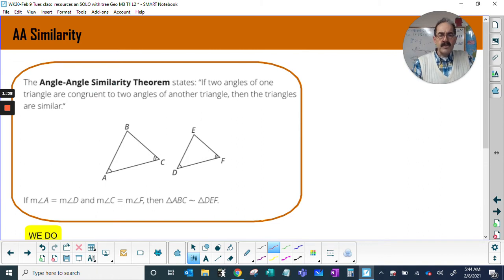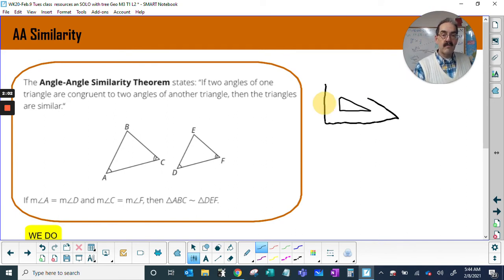On your paper, just go ahead and draw 2 triangles that are exactly alike. Whatever it is, doesn't matter. You pick. I like to draw a 3, 4, 5, and then a bigger 3, 4, 5.